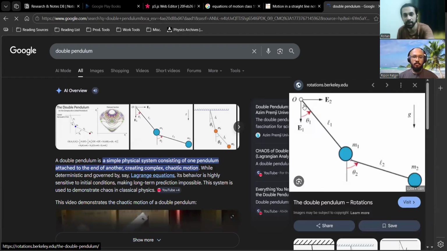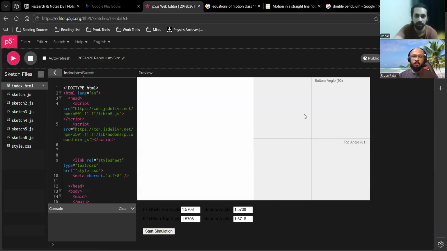The angle that the first pendulum makes with the vertical axis is angle 1, and the angle that the second pendulum makes with the vertical axis is angle 2. So this will simply be showing that.